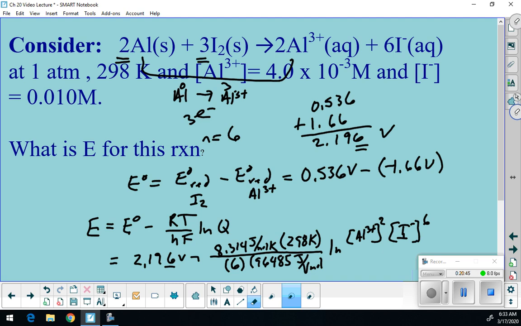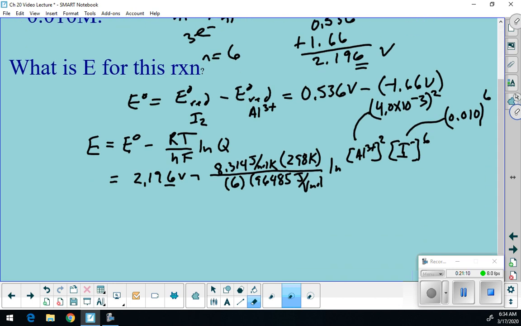All right, let's drop these numbers in. What do I have here? This would be 4.0 times 10 to the minus third, and I'm going to have to square that. And this is 0.010. Is that correct? Yes, and I have to take that to the 6th. Okay, let's run the numbers. Grabbing my handy dandy TI-84 because I can't do logs and natural logs in my head.